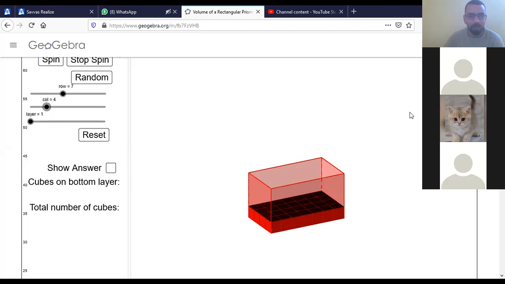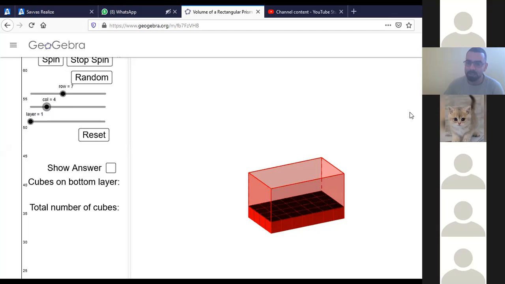What is the base? Who can tell me what the base is? The layer at the bottom? Yes. The layer that will be at the bottom of my prism.